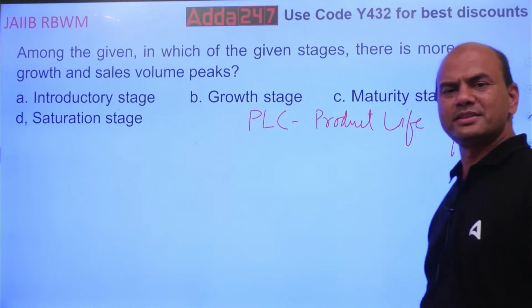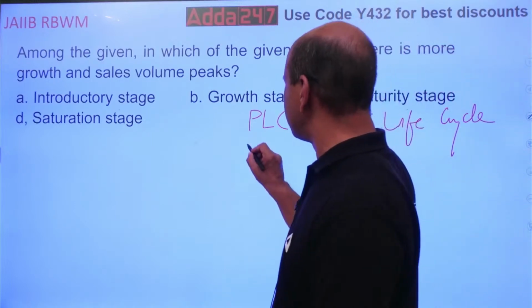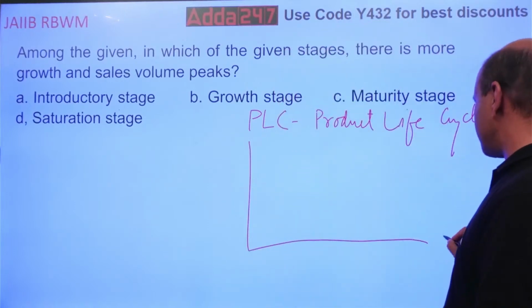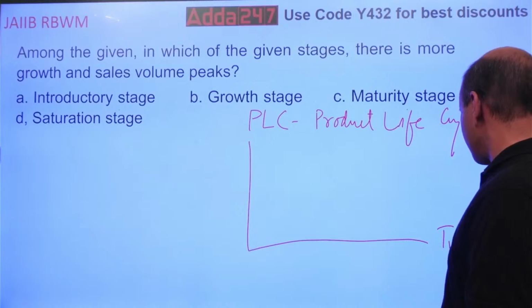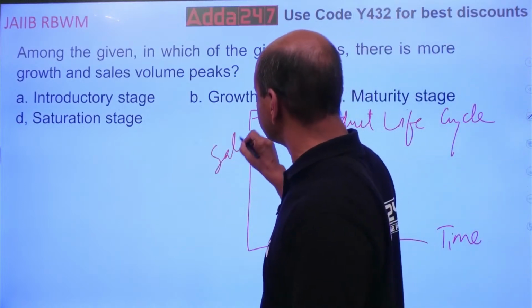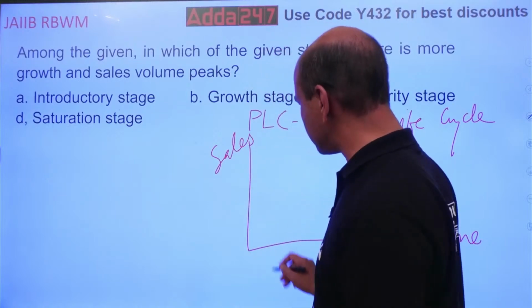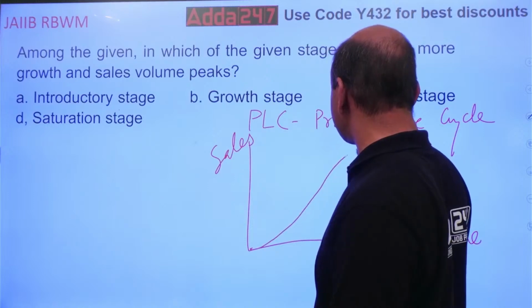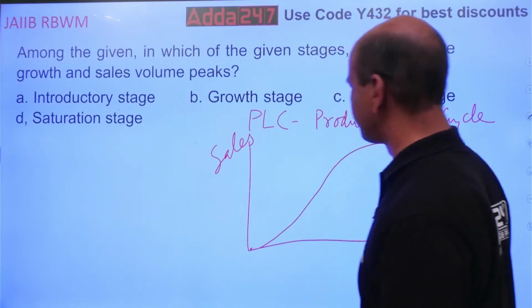What is this PLC? Anyone knows? It is like this. This is a graph. This is X, time, and this is sales. PLC works like this. It goes from the introduction phase here, then the growth phase, and then decline like this.